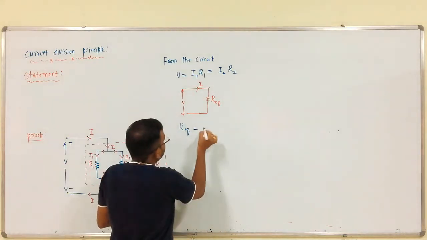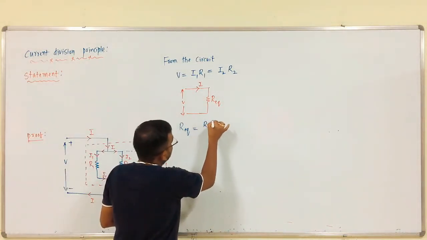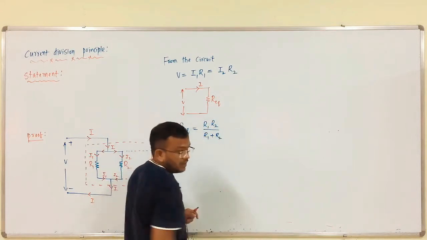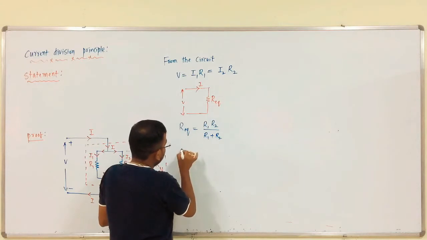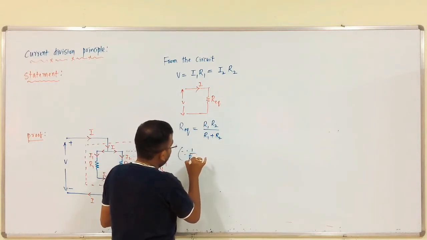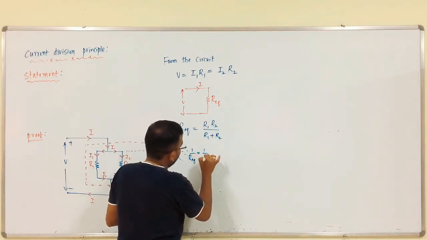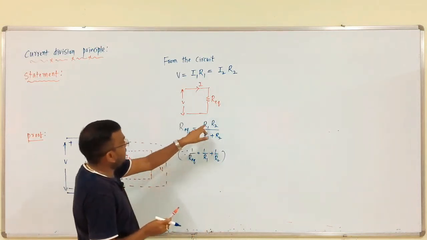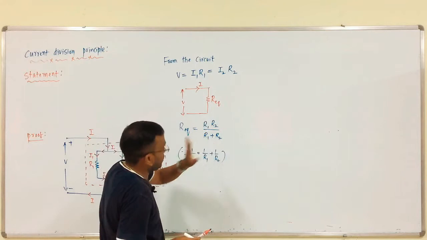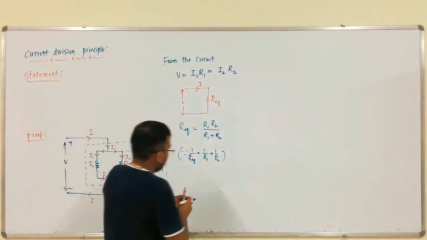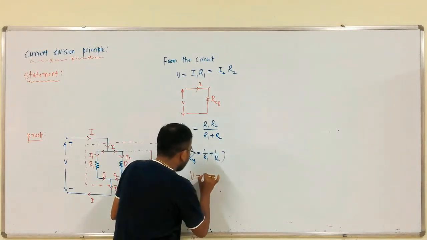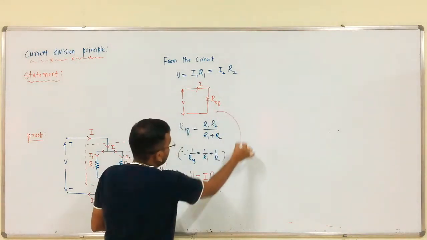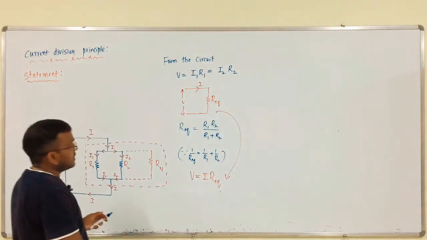Therefore R equivalent is R1 R2 by R1 plus R2, since 1 by R equivalent equals 1 by R1 plus 1 by R2. From this we get R equivalent as R1 R2 by R1 plus R2, right. Therefore the total voltage is I into R equivalent. This is the equation for the circuit.